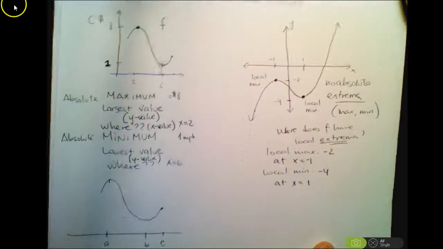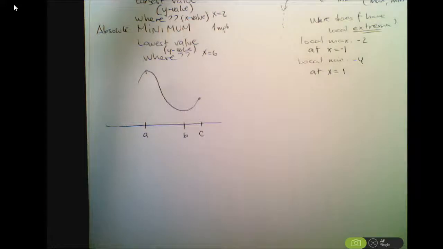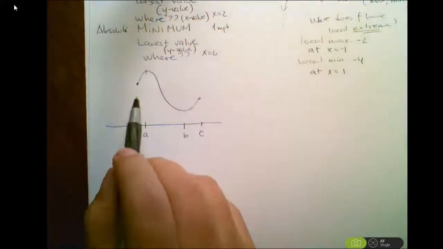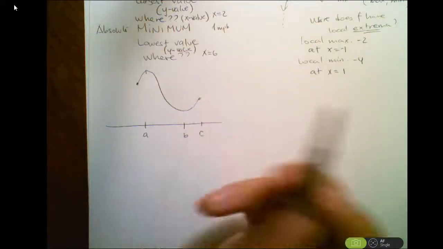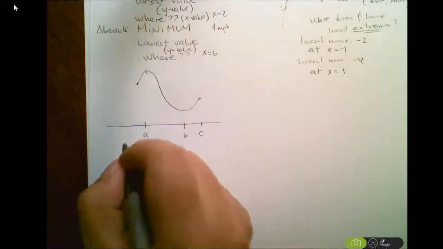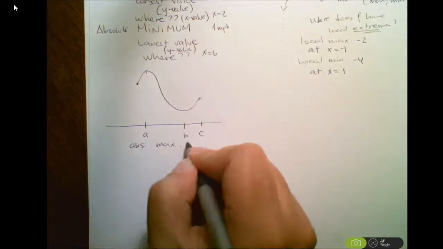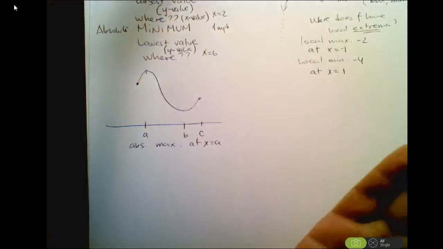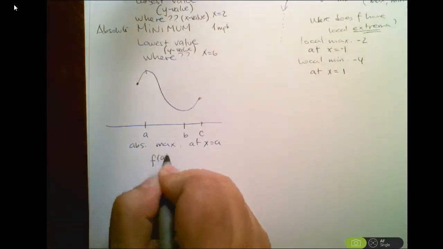Now, we may not have even numbers, and we still can talk about maximum and minimum values. For example, I notice if this was a closed interval function that starts here and I know ends there, then I know that I have an absolute maximum at x equals a. And if they ask me how much that is, well, I would say it is f of a, whatever that is.